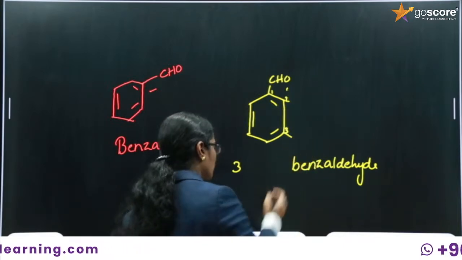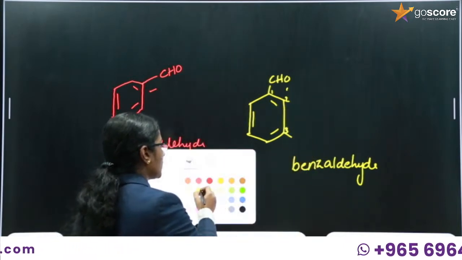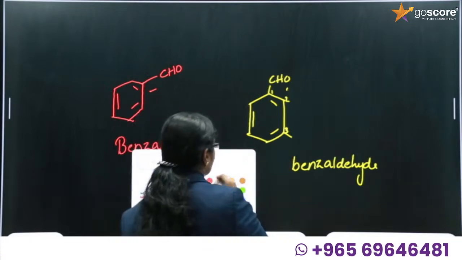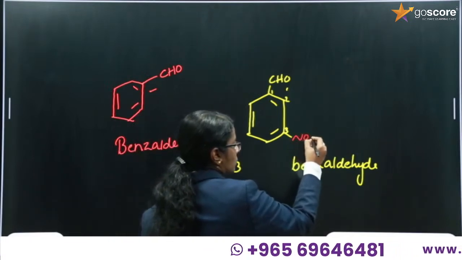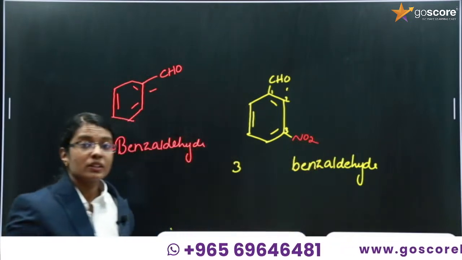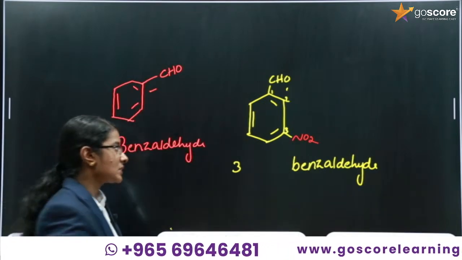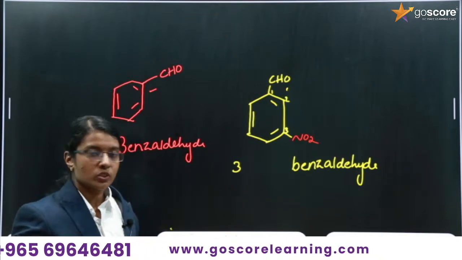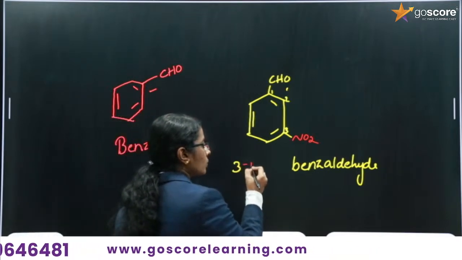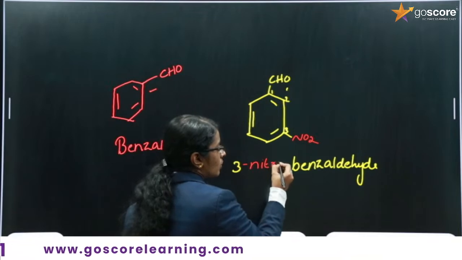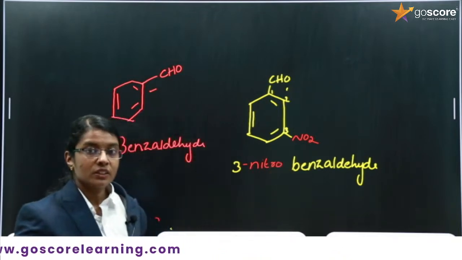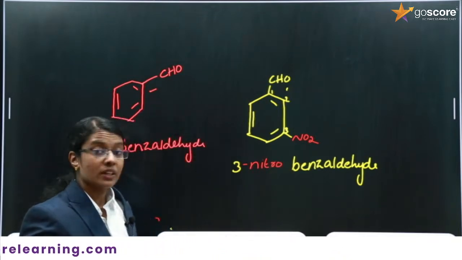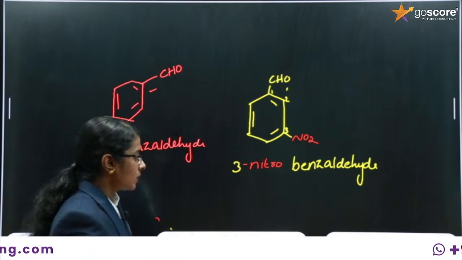Nitro group means NO2 group. If an NO2 group is attached to the benzene ring, it is called nitro. On the third position, so it is 3-nitro benzaldehyde.